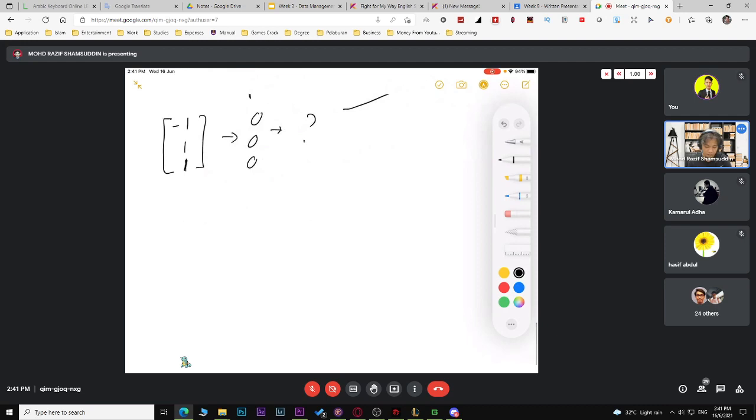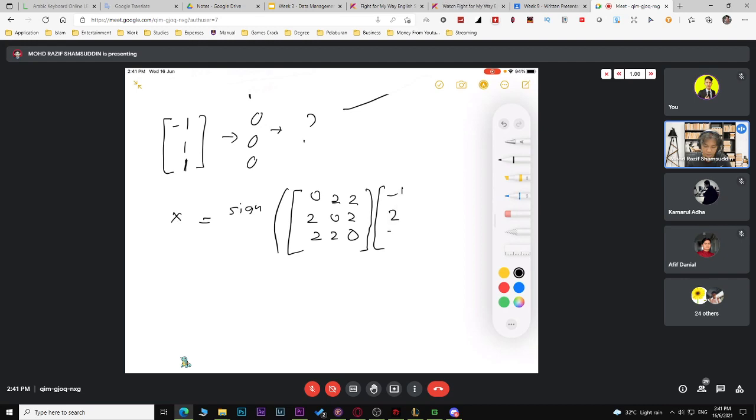So let's try it out. x equals sign of 0, 0, 0. Am I going too fast? No, sir. Alright, so -1, 2, 2. Sorry, 2, 2. This one is 1, 1. For this one we'll get a positive, a 4.